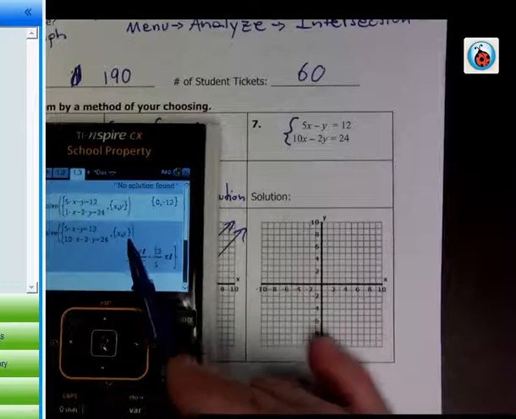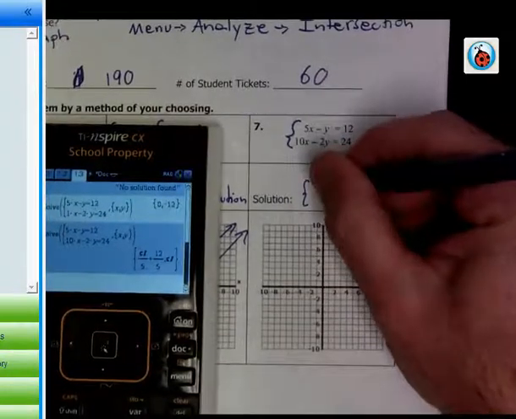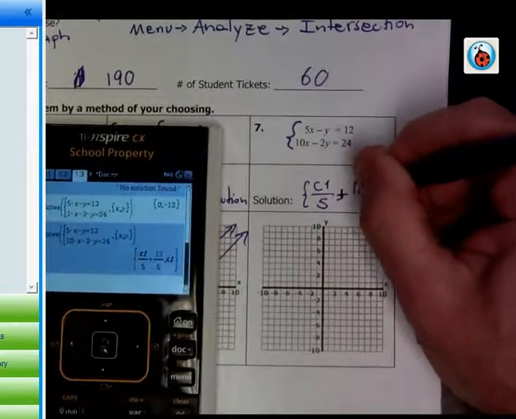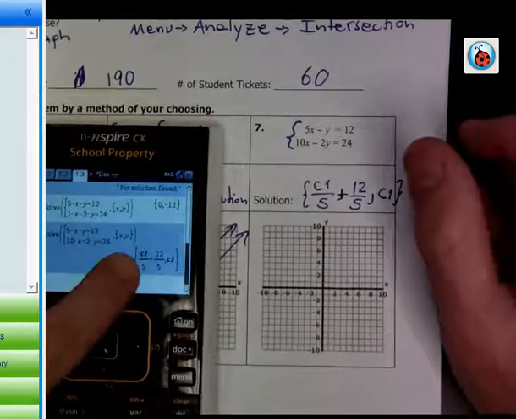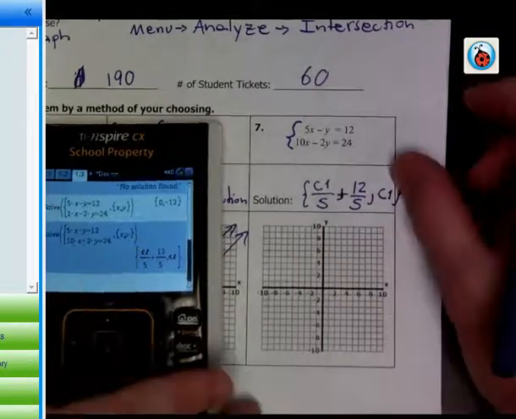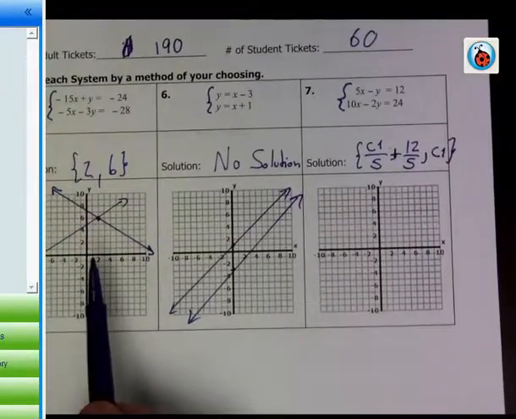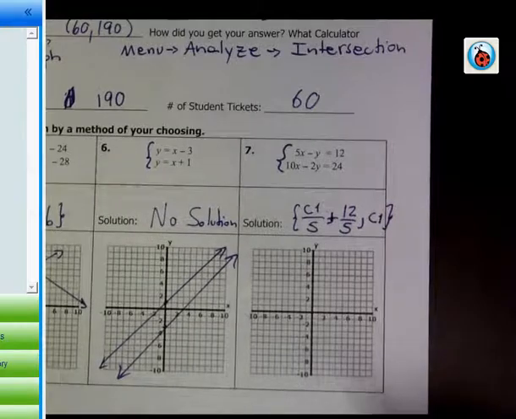Okay, so I get a bunch of weird things here. You get different numbers every time when you do this. But if you get something weird with variables in it, if you look here, we are showing every scenario. There's intersecting, parallel. So this is going to be our coincidental lines.